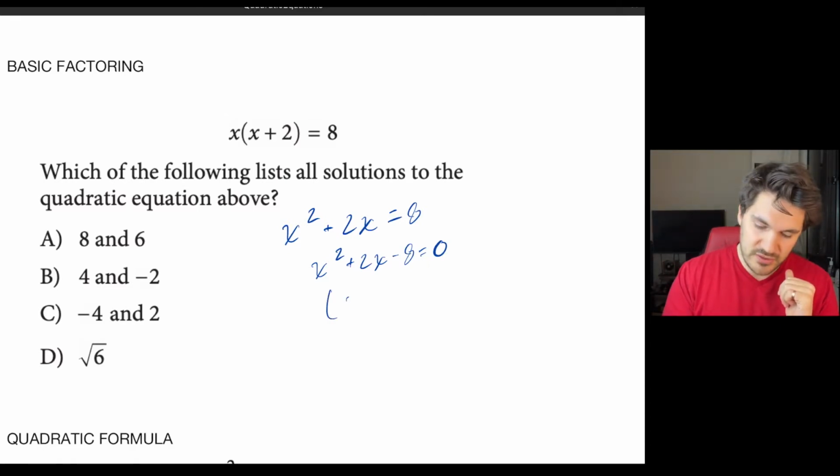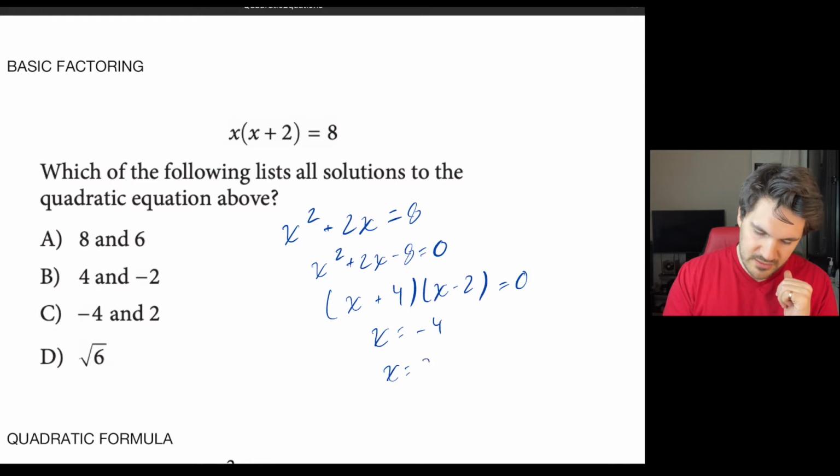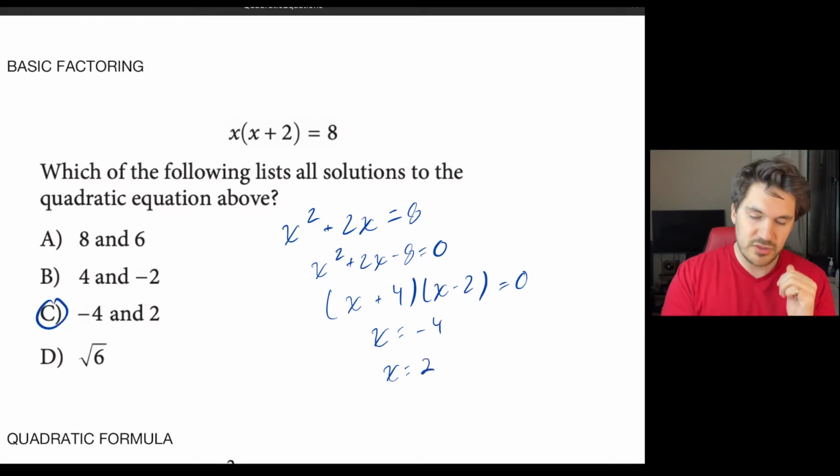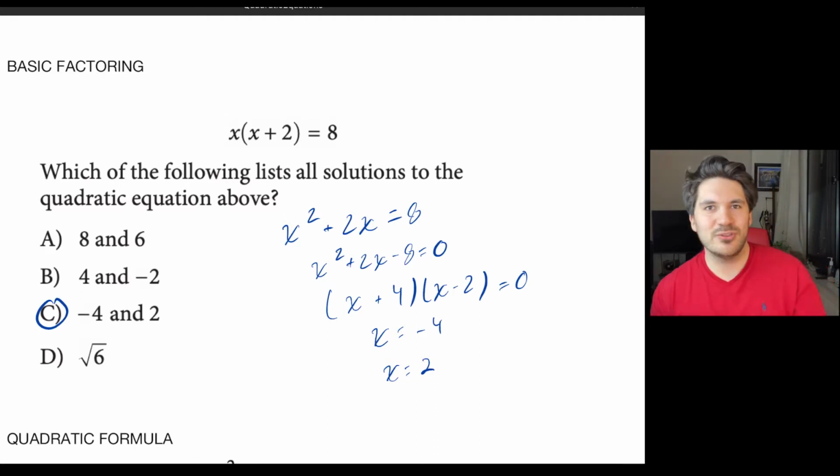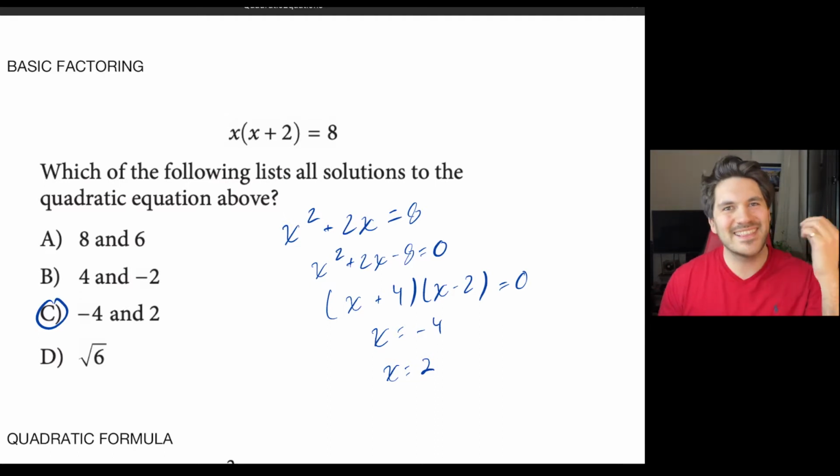So this factors into x plus 4 times x minus 2 equals 0. So x equals negative 4 and x equals positive 2. So we know our answer is going to be C. So when you can factor it to get the solutions, just factor it and get the solutions.